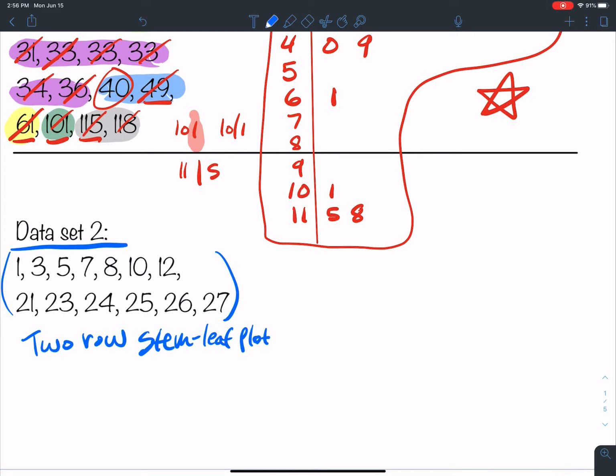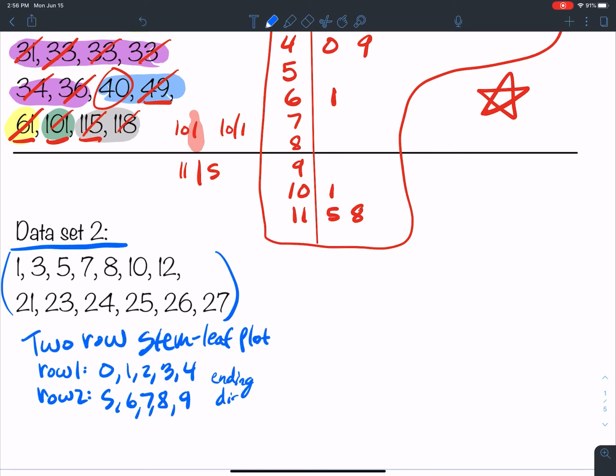So how does the 2-row work? Well, I'm going to split it up to where the first row are the ones that end in 0, 1, 2, 3, and 4. And then the second row are the digits that end in 5, 6, 7, 8, and 9. Okay? So ending digit is split up this way right here.